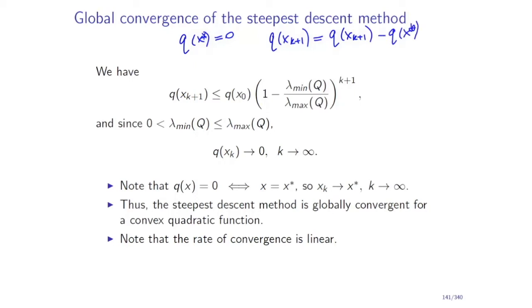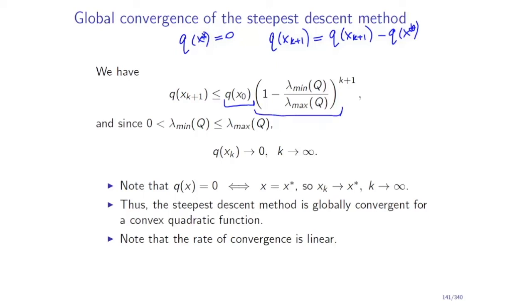So we can think of this q of xk plus 1 as the error in terms of the objective function value, our deviation from the global optimal value after k plus 1 steps of the method. And this error is bounded from above by q of x0, our function value at the initial guess x0, multiplied by this important expression here.